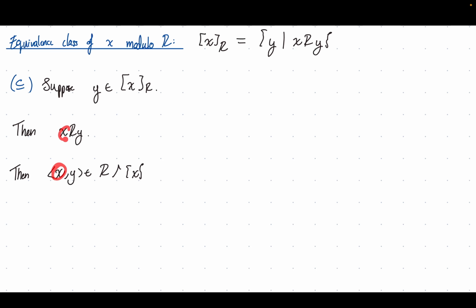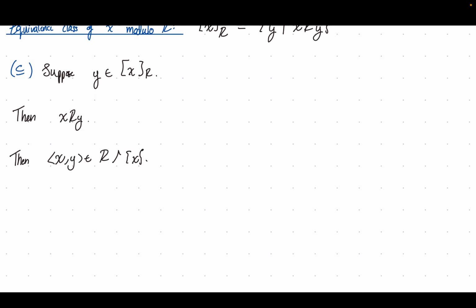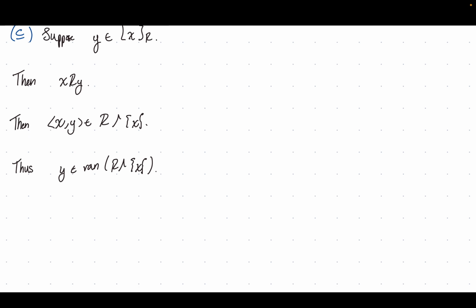Because x is in the domain, and also x is in the set containing x, clearly. Okay, and then thus y is in the range of this relation, R restricted to the set containing x. So y must be in the image of R under the set containing x.